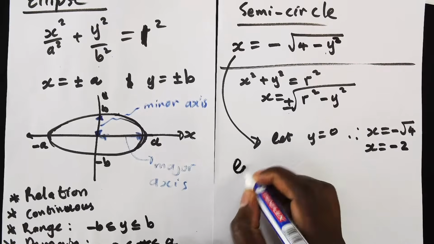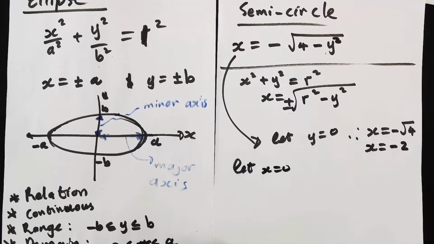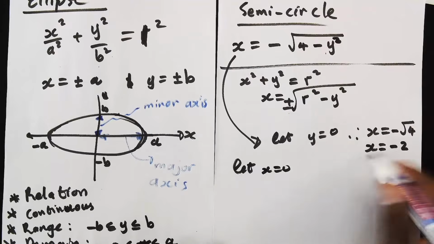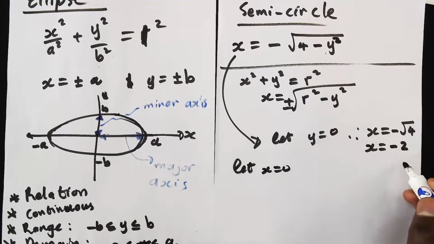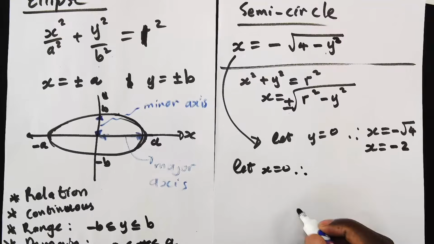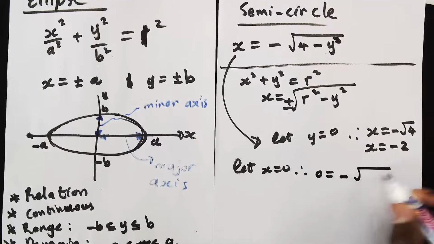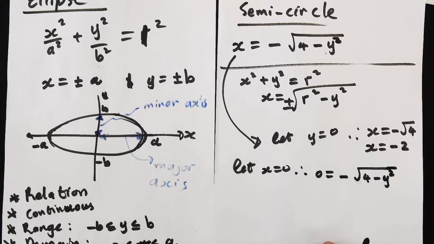Now, if for an example we let x equal 0, I want you to see here, y is 0, x is minus 2. But if we let x equal 0, we'll have 0 equals minus the square root of 4 minus y squared, isn't it?